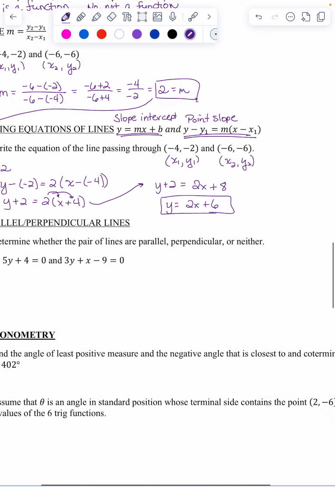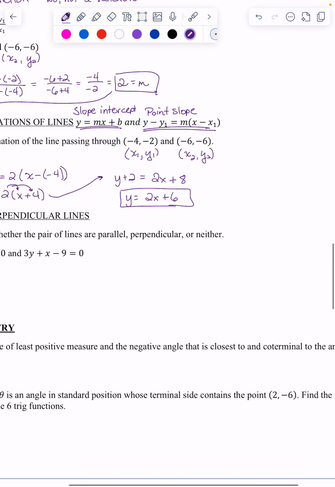If I'm looking for parallel, perpendicular, or neither, remember if I have parallel lines, then the slope of the first one is going to be equal to the slope of the second one. They never cross. Parallel lines are two lines that never cross. If I'm looking at perpendicular, I'm going to shorten it, then I'm looking at two lines that make a right angle to each other, kind of like the axes.